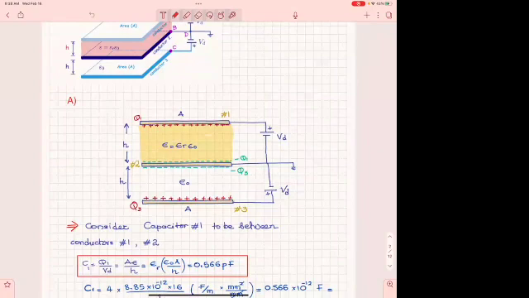If I had given you a different problem where this line would not have been there, but you would have something like this, the center conductor could not have this floating negative charge. Where would it get it from?